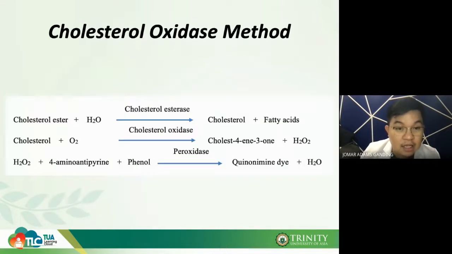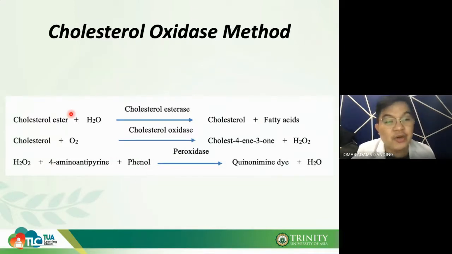If I may, I will now shift to the next slide. If you can see here on your screen, your cholesterol esters will be hydrolyzed by cholesterol esterase, forming cholesterol and fatty acids.